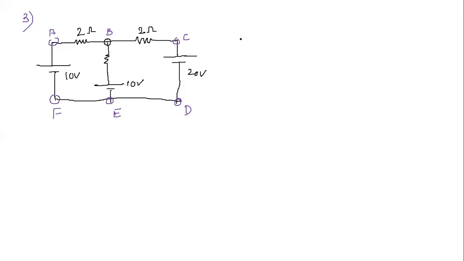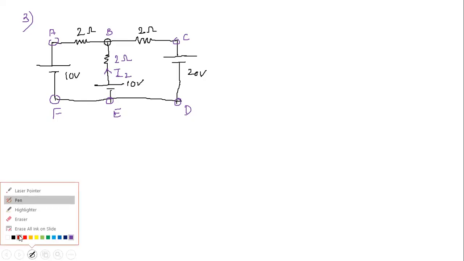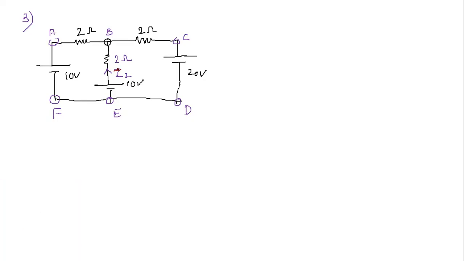I hope you are all solving this one with me. So what is the value of this middle resistance? This one, okay. 2 ohm. As I said, I'm very comfortable with 2 ohm. I'm not happy with this color actually. This one is I2. This one is I1. And this will be I1 plus I2.